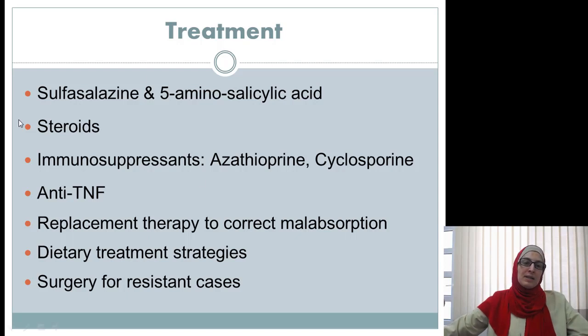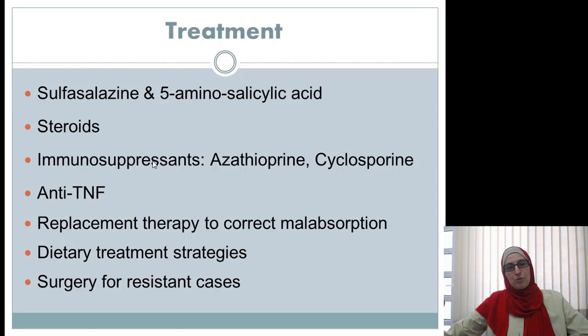The mainstay treatment is sulfasalazine and 5-aminosalicylic acid, which is an anti-inflammatory medication. So this is the main number one treatment for Crohn's disease. Some patients might need steroids to control the inflammation, or others might need immunosuppressants because we don't like to rely on steroids because of their side effects.